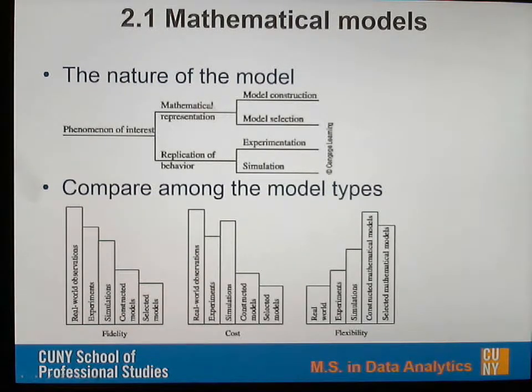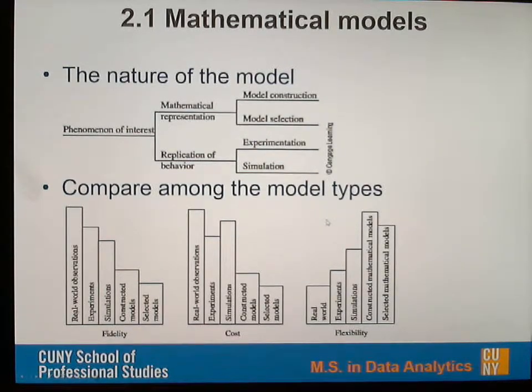One possibility is to have a mathematical model to represent the problem. The other is replication of the behavior, either through experiment or through simulation. So in a very complex system, if we cannot mathematically represent the problem, we could use simulation to help.